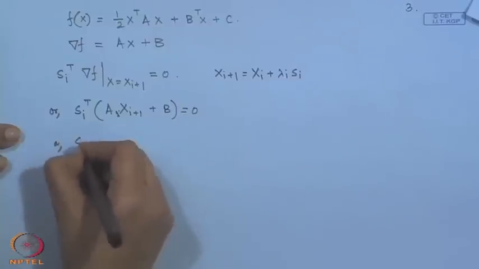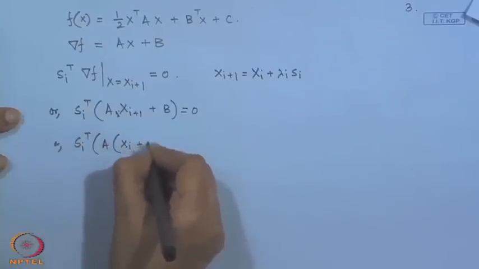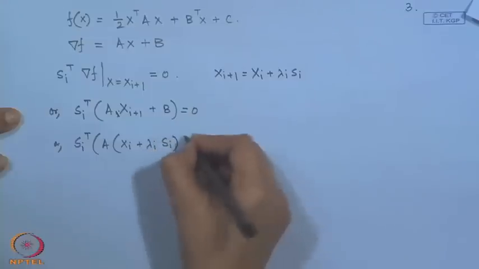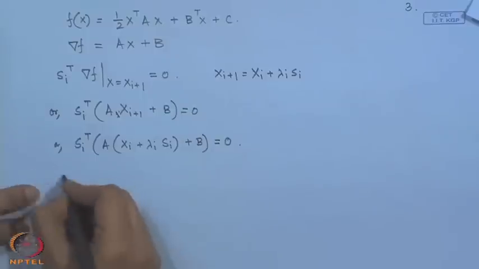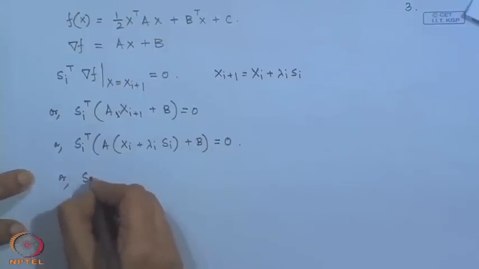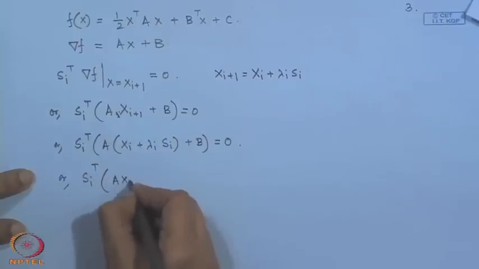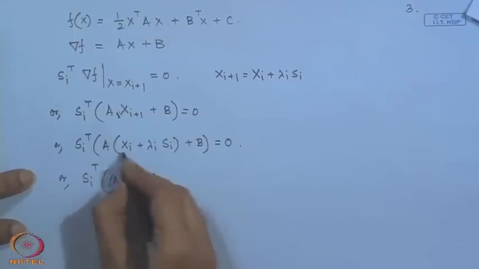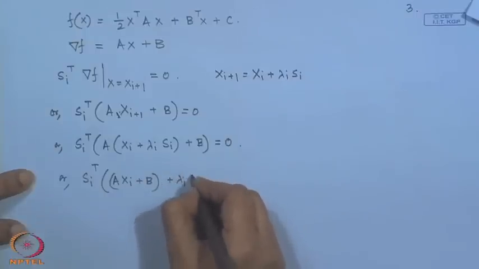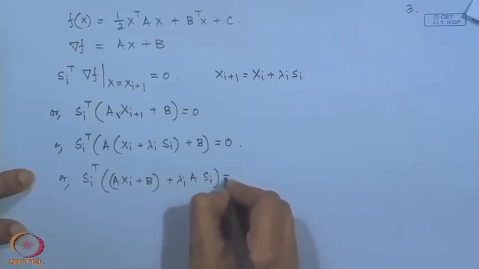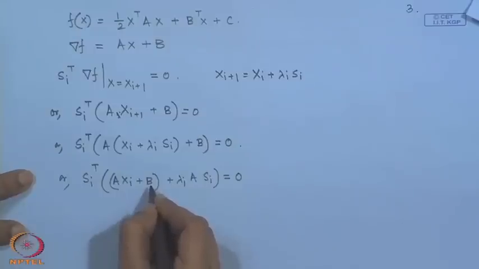Now, let me put the value of xi here itself, then we get A(xi plus lambda i si) plus b equal to 0, or if we simplify further, we get si transpose (A xi plus b). This is one part, and another part would be lambda i si transpose A si equal to 0, and the value A xi plus b is equal to grad of f at point xi.